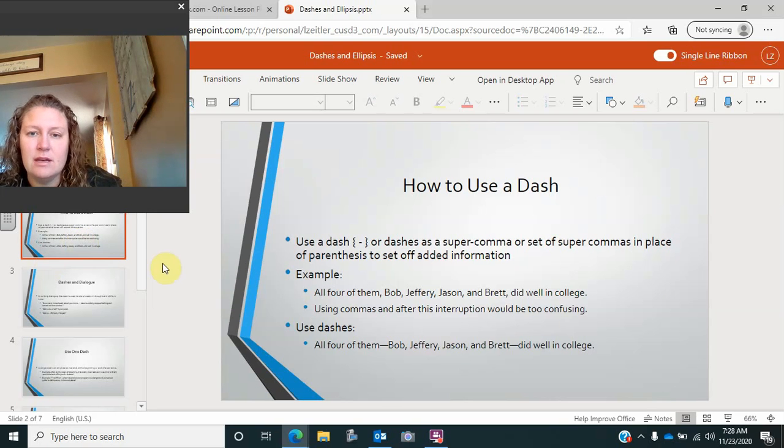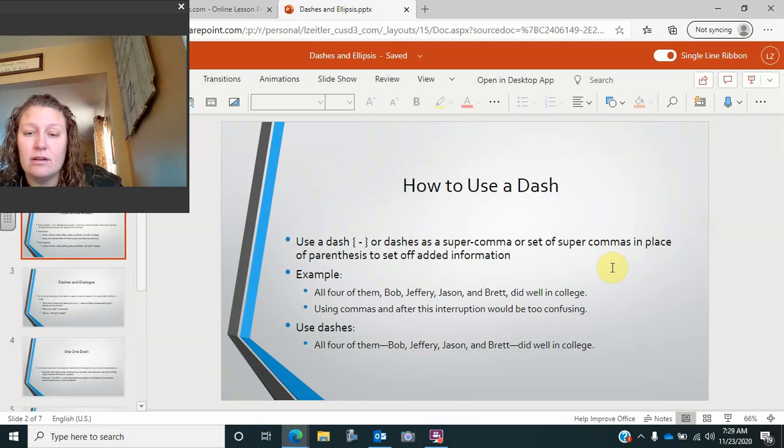Slide number 1 explains how to use a dash. You use a dash or dashes as a super comma or a set of super commas in place of parentheses to set off added information. An example that was poorly written is: all 4 of them, Bob, Jeffrey, Jason, and Brett, did well in college. There are a lot of commas in that sentence, which makes it very confusing for the writer and the reader.